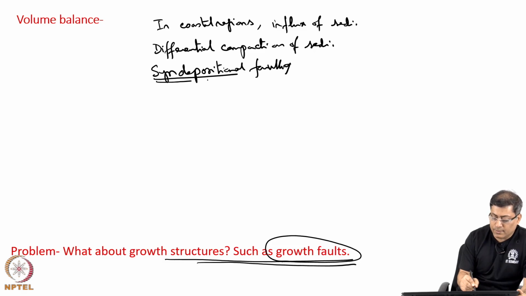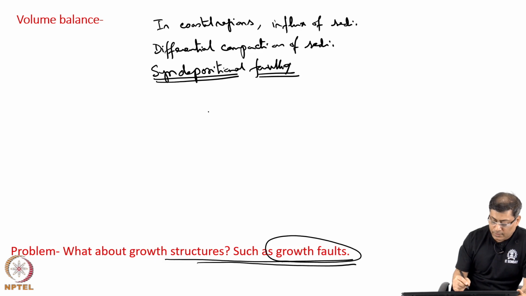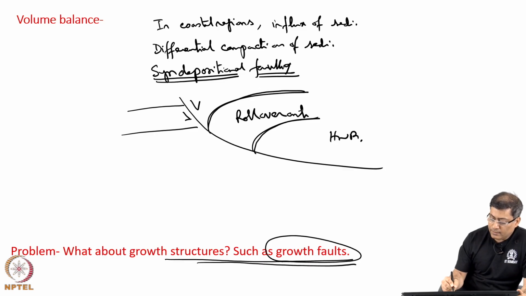Syn deposition means during deposition. When deposition is happening, that time faulting starts and it produces listric normal faults, and it produces this kind of reverse dragged structures within the hanging wall block, known as the rollover anticlines.